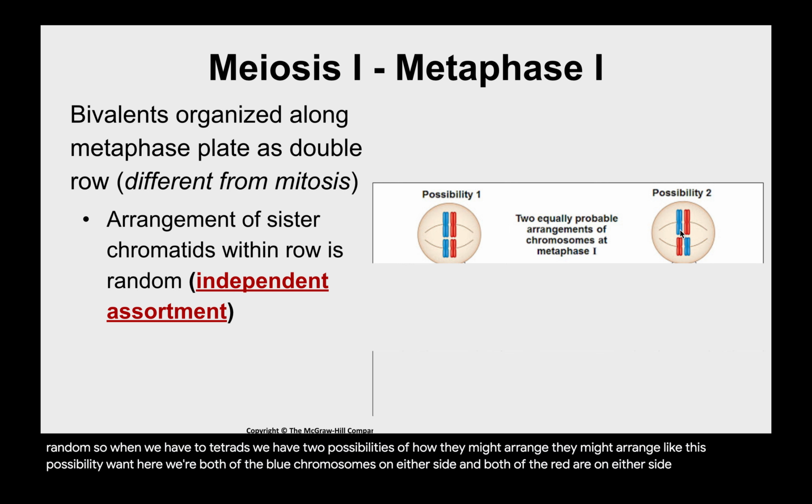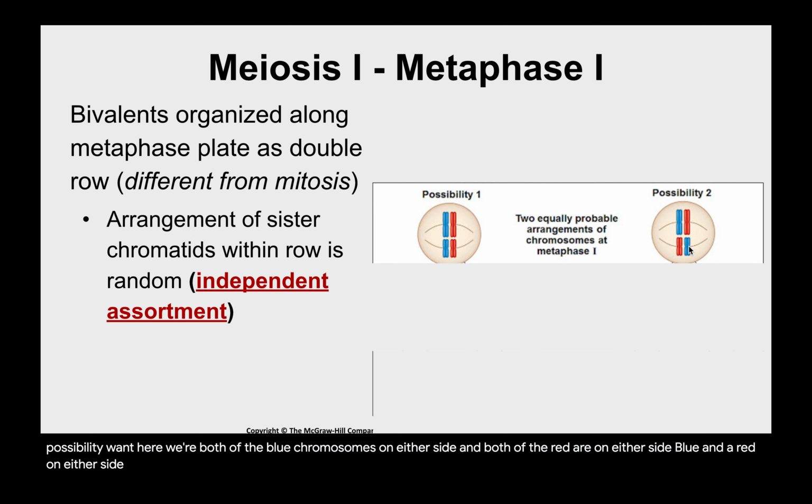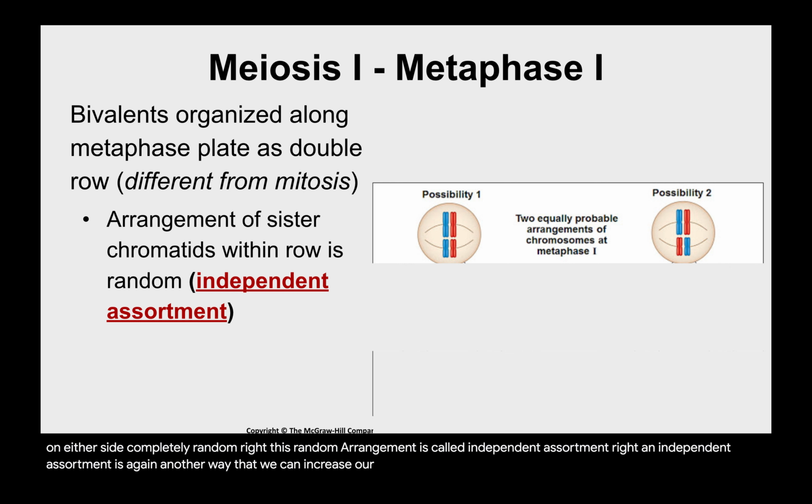Or they could arrange where we have a blue and a red on either side. Completely random. This random arrangement is called independent assortment, and independent assortment is, again, another way that we can increase our genetic diversity.